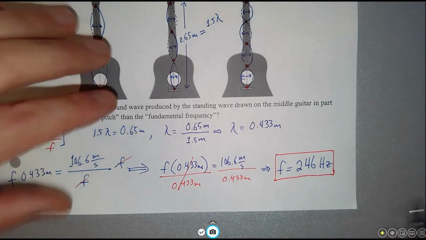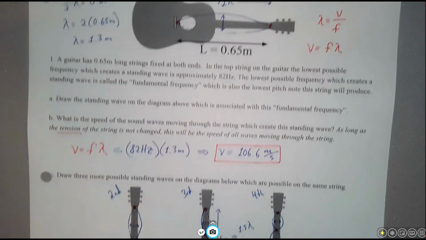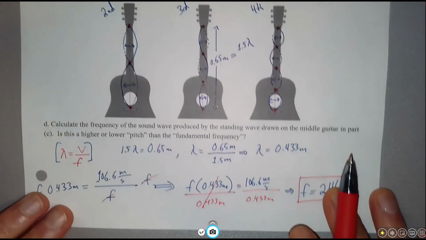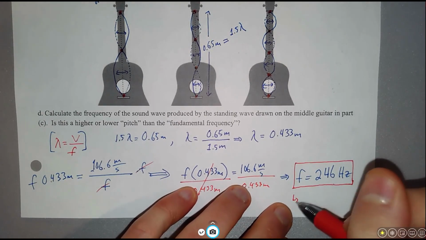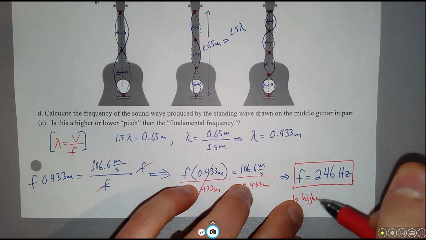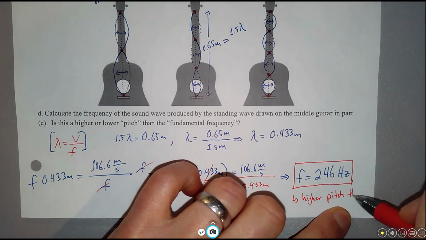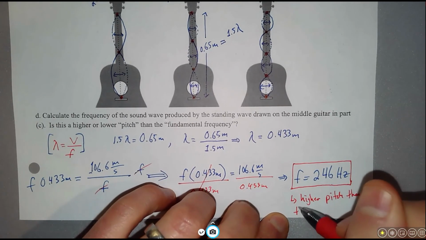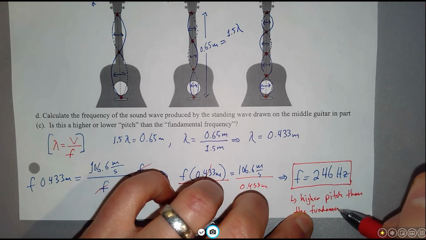And remember, the original frequency was 82 hertz for that first possible standing wave. The third possible standing wave is vibrating at 246 hertz. That's a higher frequency, so that is going to be a higher sounding note, or a higher pitch than the fundamental frequency.